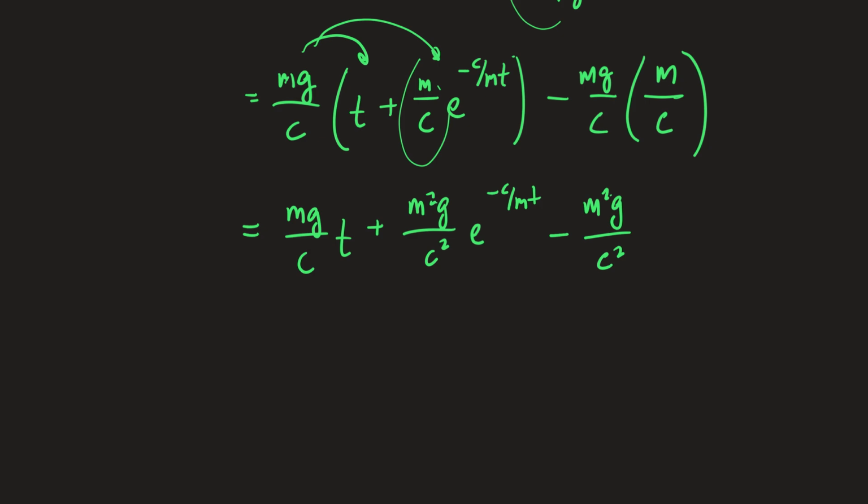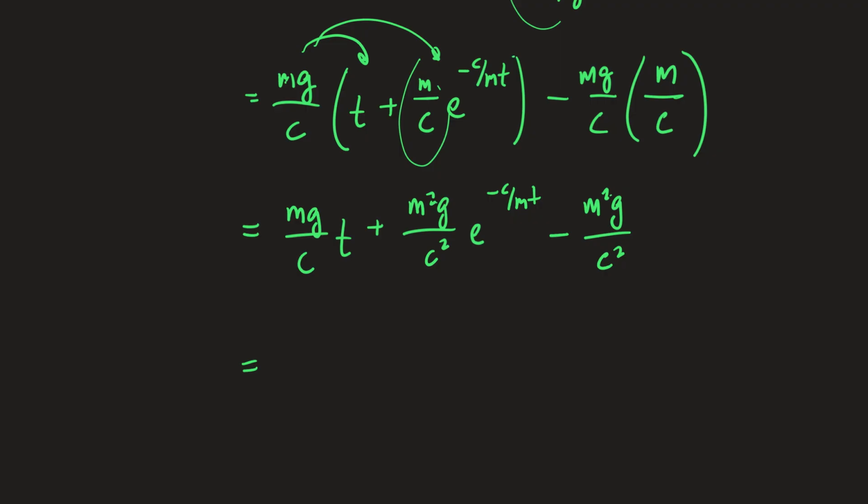So now that I've done that distribution, I'm actually going to reverse it and factor out a little bit of what's there. So mg over c t plus m squared g over c squared, and then in here I'll have e to the minus c over m t, minus 1.